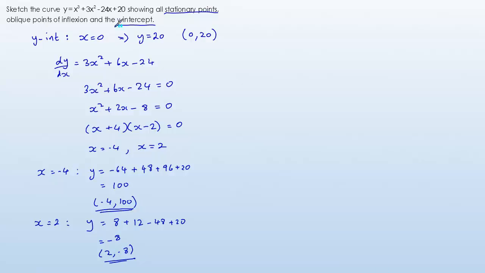Okay, so now we want to know the nature of these points, and we want the oblique points of inflection. For both of those we're going to need the second derivative. So differentiate this one again and we get 6x plus 6. So let's look at the stationary points first. Evaluate when x is negative 4.